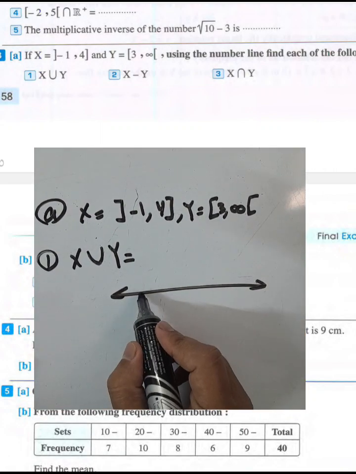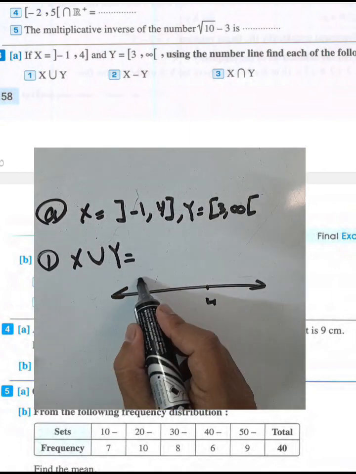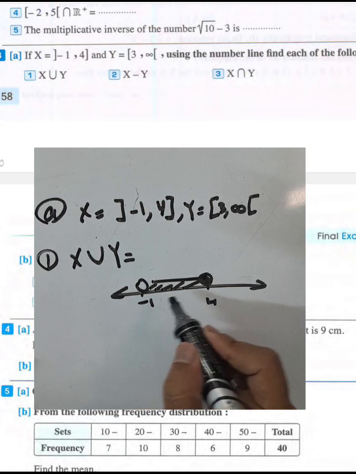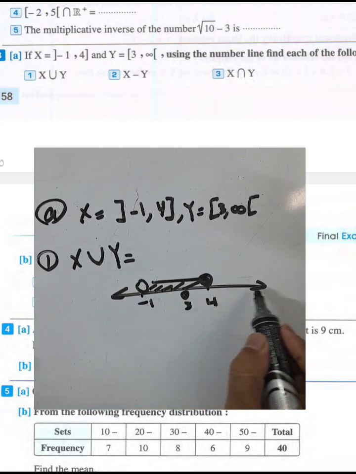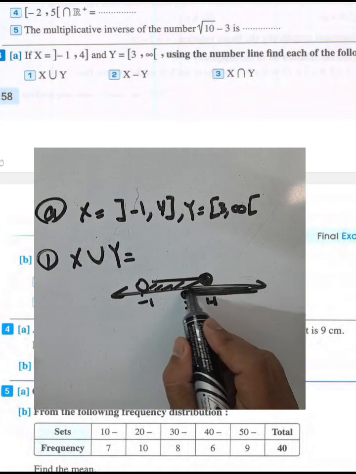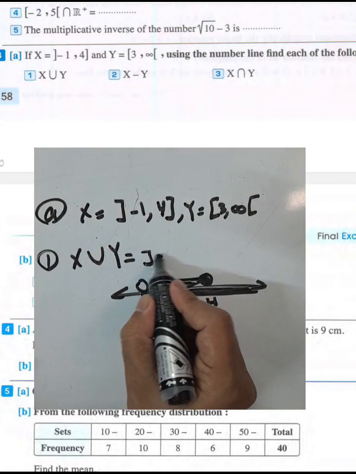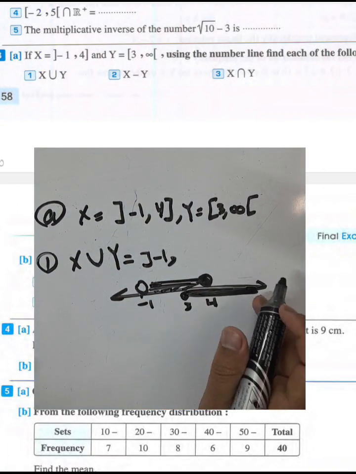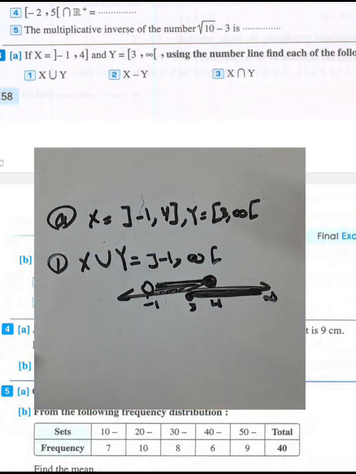The first interval is from -1, open, to 4, closed, and the second interval is from 3, closed, to infinity. Then the union will be from -1 open to infinity. It's the result for this example.